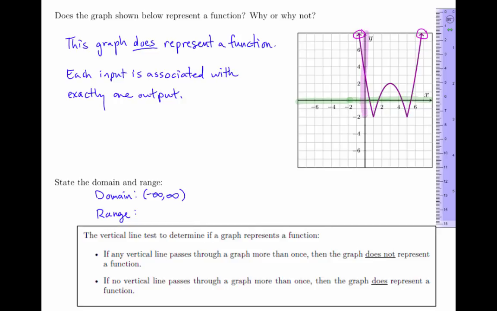So I'm going to have all values for y, -2 and greater. So when I write that as an interval, I can write [-2, infinity). Another thing that I can do, outside of this grid, I'll come over to the left here, I can write something similar to the interval, that from -2 upward, those are all possible y values.